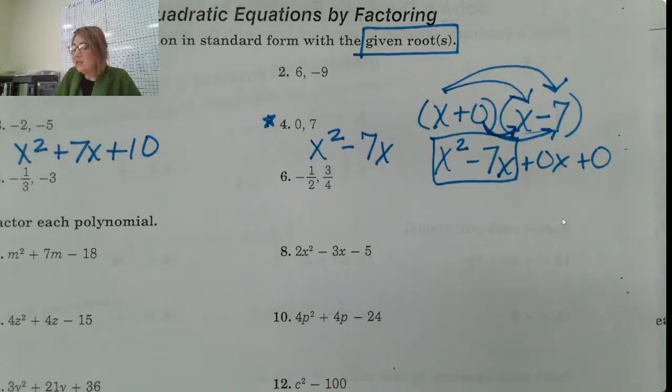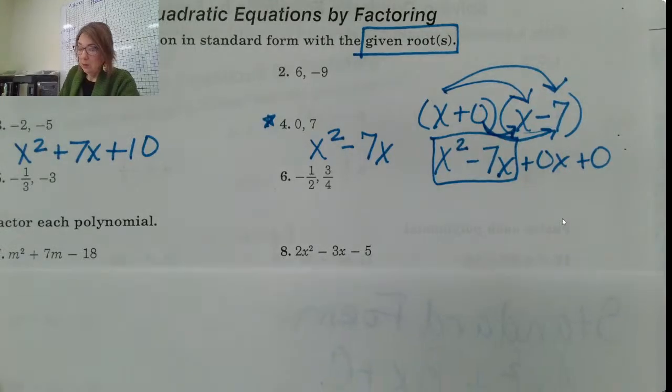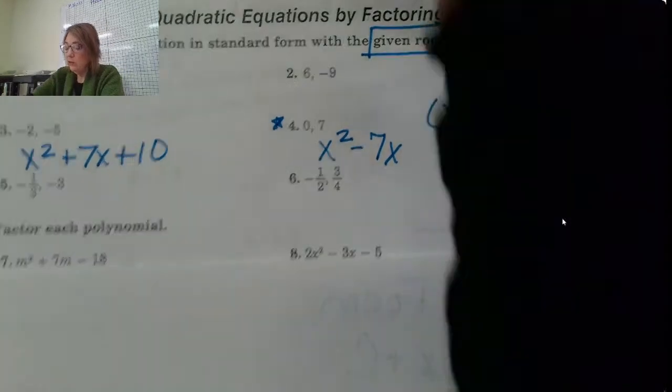All right. So let's now work backwards. Okay. So if you look at number 7, you'll notice that it says to factor, and it actually gives you the trinomial.